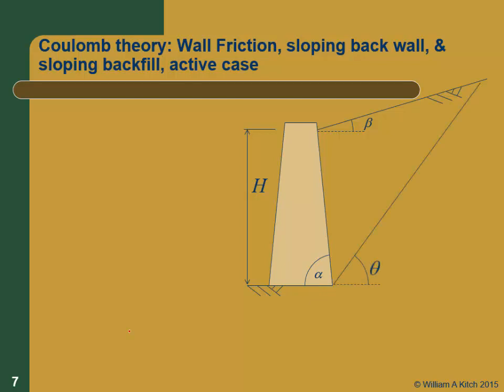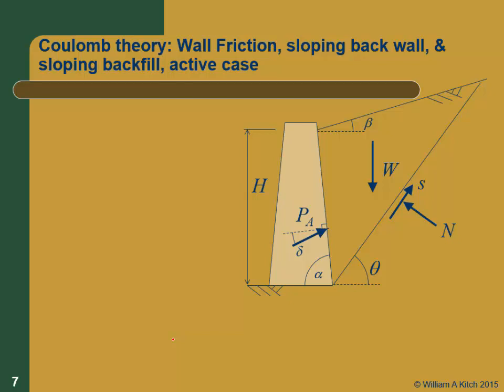Once you know those angles and they're fixed, they're not unknowns. And so you're going to go through the same derivation that we did before. It's going to be a little more complicated because you're going to have some other terms in it, but all those terms are going to be constants. They're just going to be transcendental functions of alpha, beta, and delta.